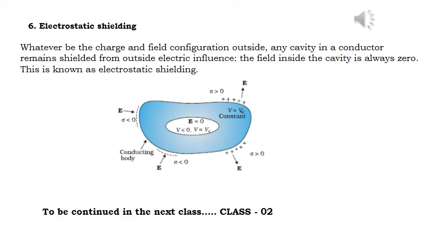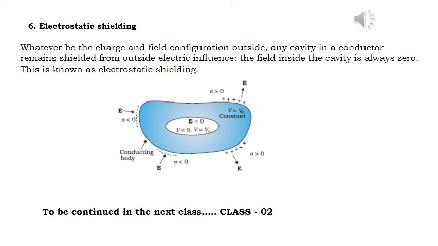But look at the surface in the figure: various amounts of charges, one portion where sigma is positive, the other portion where sigma is negative. So what is the meaning? Whatever be the charge and field configuration outside, very important, any cavity in the conductor remains shielded.